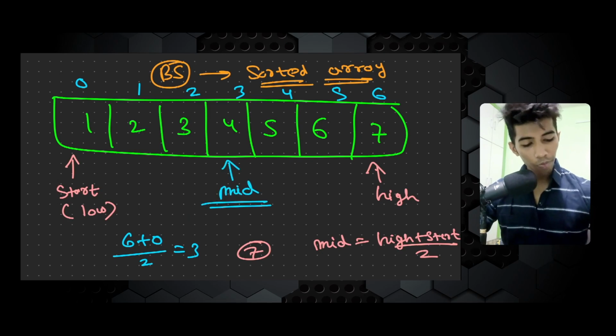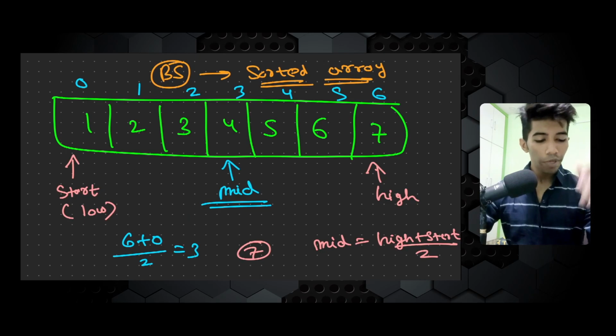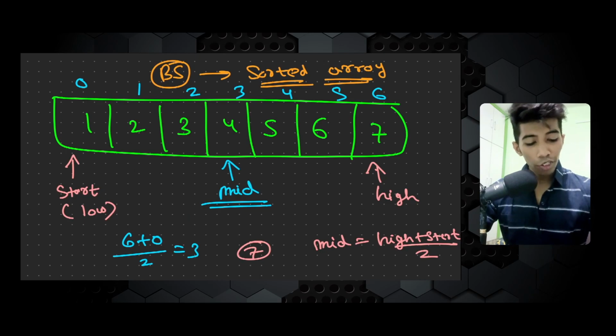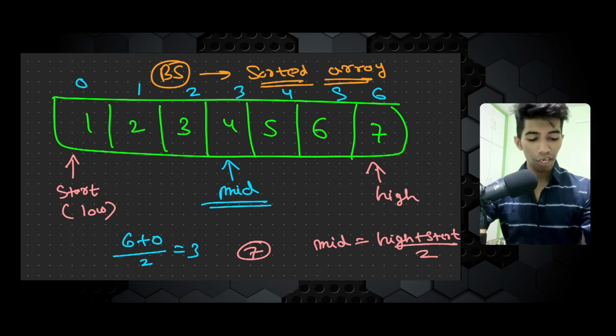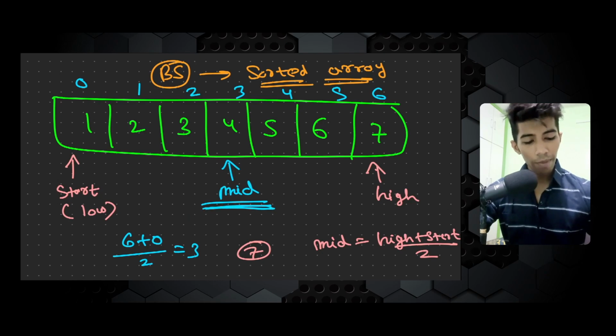Okay, simple. Till now you have understood the reason. Instead of searching this complete array, we will just break this array down. How have I calculated the mid? Just remember the steps. You declare one start pointer and one high pointer.